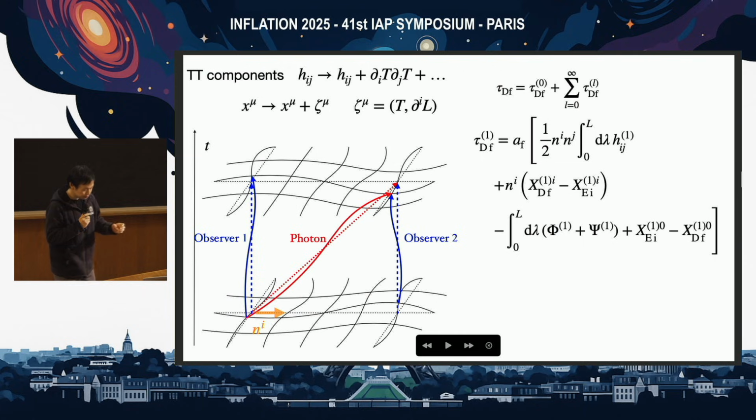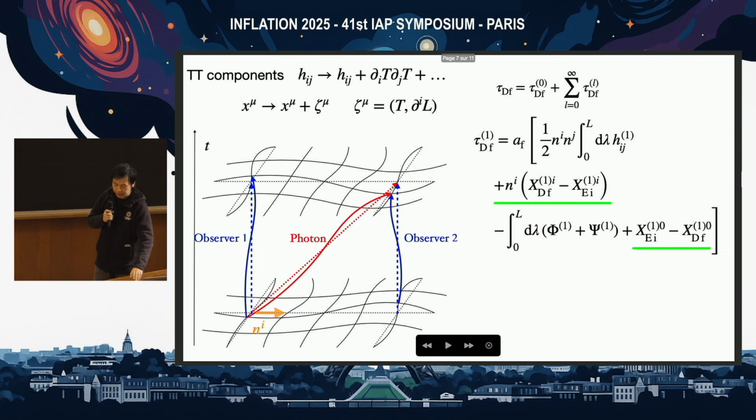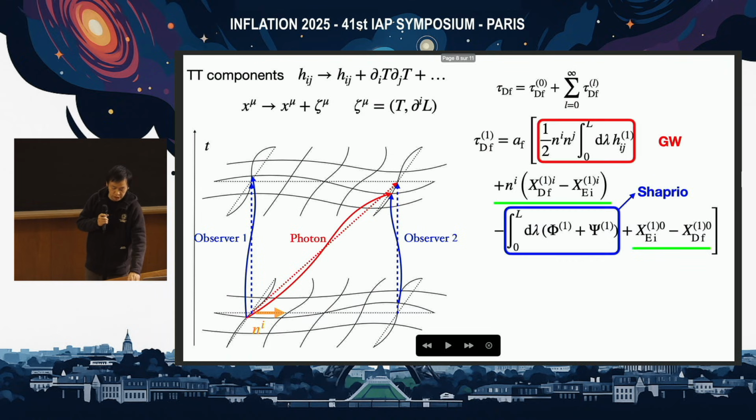And from the form of the equation, we can notice that there are two terms related to the motion of the observer, and the other two terms are related to the propagation effect induced by the metric perturbation. And these two correspond to the gravitational wave effect and the Shapiro time delay. And we noticed that the gravitational wave effect has a quadrupole dependence on the direction.